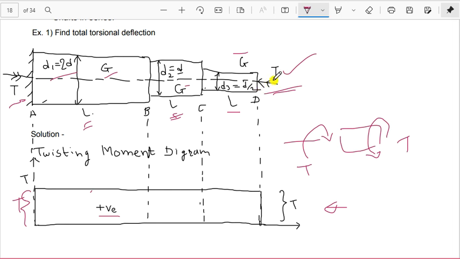Here you can see there is a torque in the clockwise direction, so positive T is the magnitude, and up to the last end there is no other torque present, so the magnitude will remain as it is, positive T. And here the result of the torque, that means the shear strain or shear deformation, will be 0. That means here the torque becomes 0.